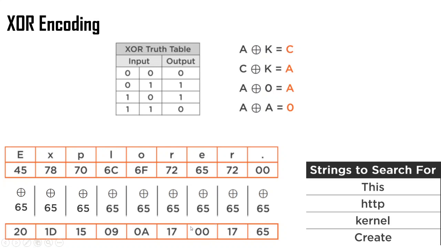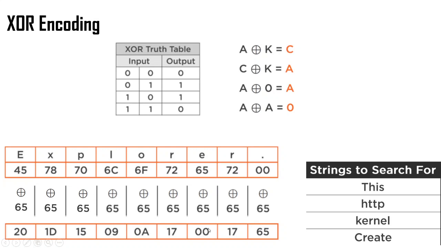So if I get 00 as an output, I come to know that the key may be 65, or the original plain text may be 65. So we have to apply the reverse order to decode this type of encoding technique. You clearly see here that E has been represented with 65. If it is XORed with the key 65, I am getting 00.